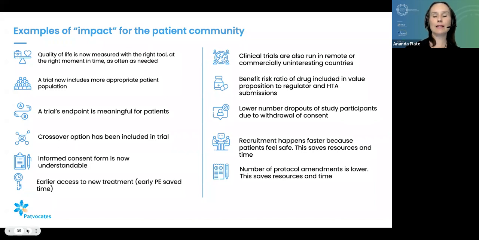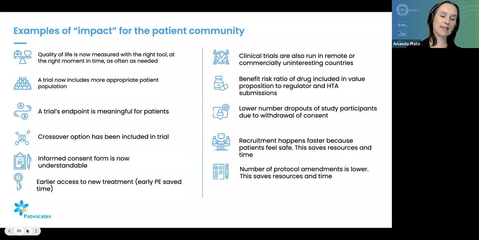It could be that, for instance, after that engagement, quality of life is now being measured with a more adapted tool, or at the right moment in time, or often enough or long enough, and that leads to reflecting the true situation of the patient.